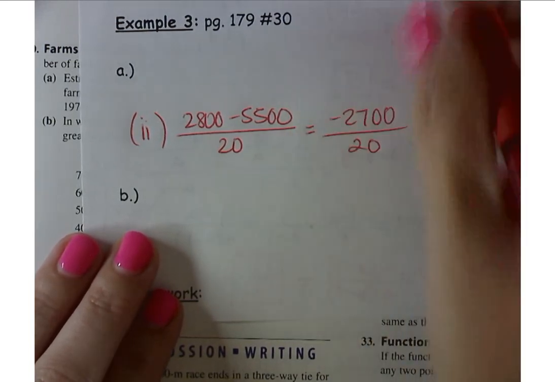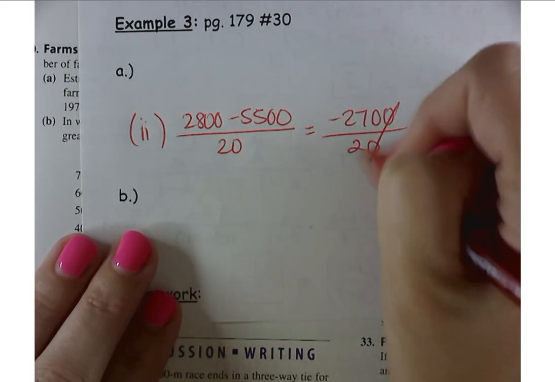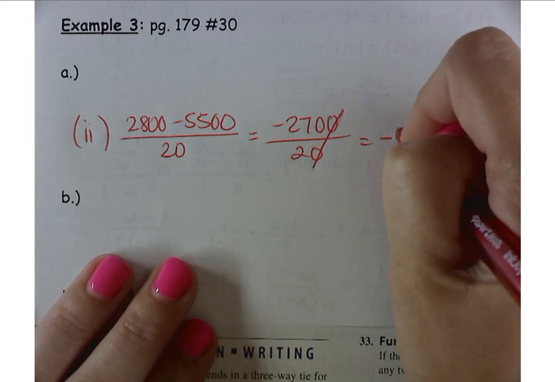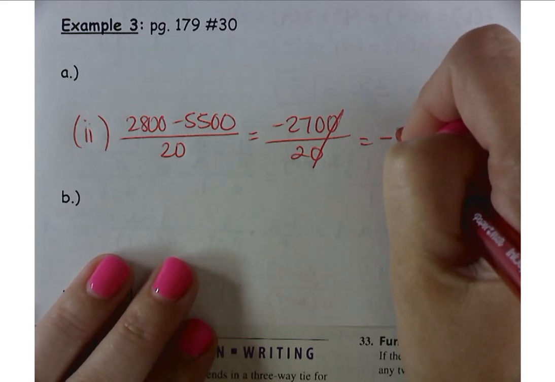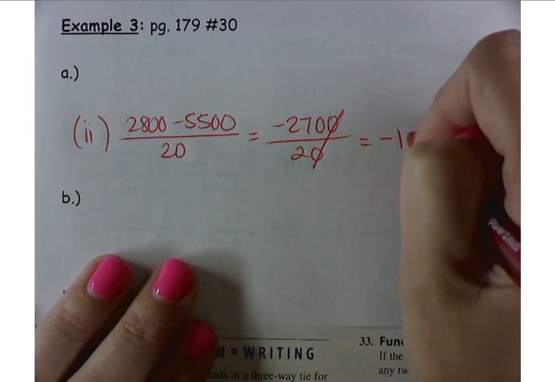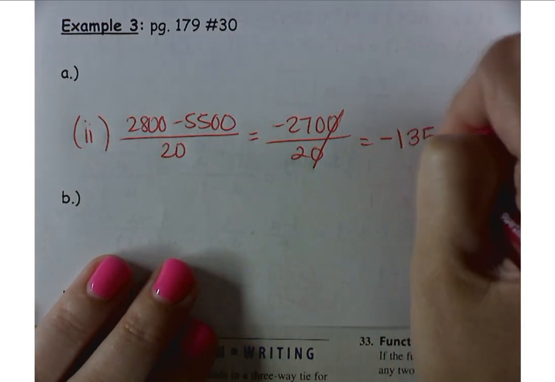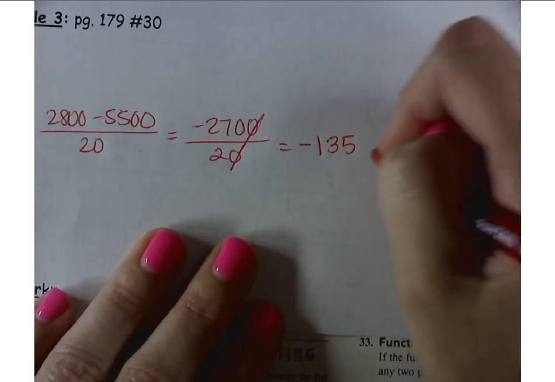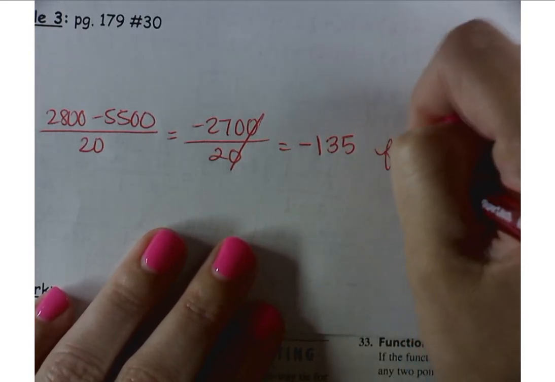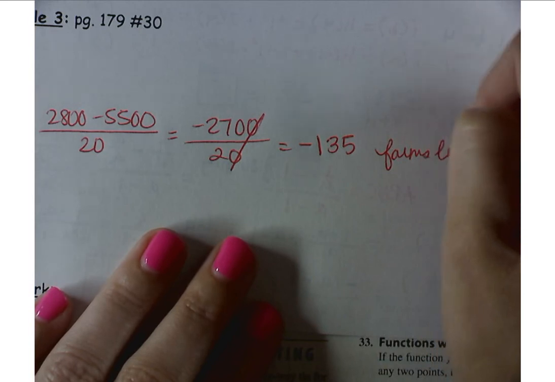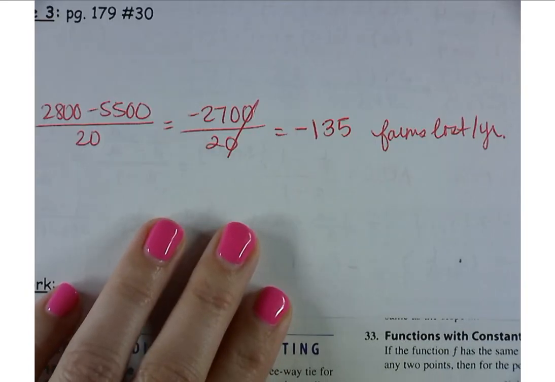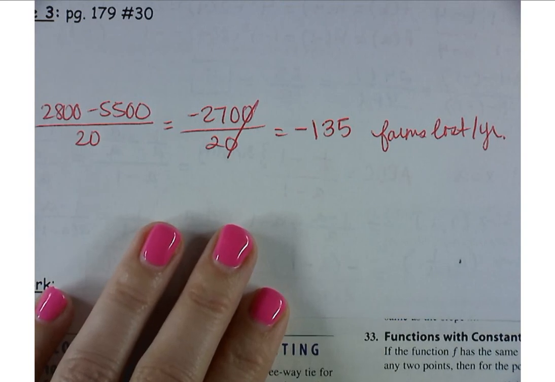And you can cancel those out. What's half of negative 270? What's half of 200? 100. What's half of 70? 35. So it would be negative 135. So it would be 135 farms that were lost per year. Okay, so between those, that's how much it decreased by.